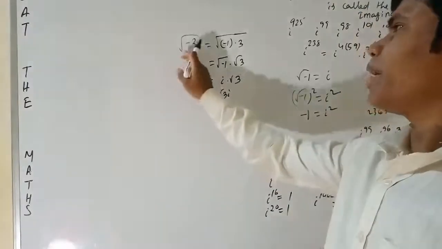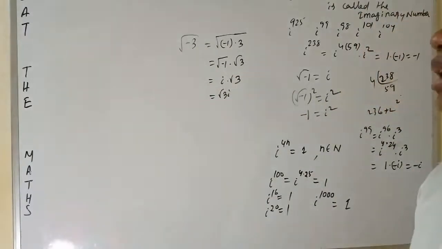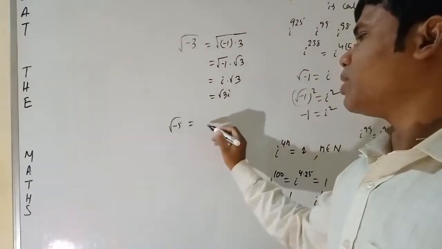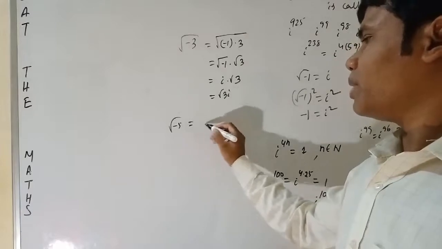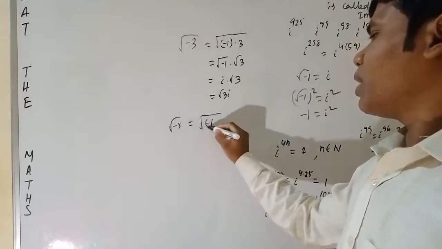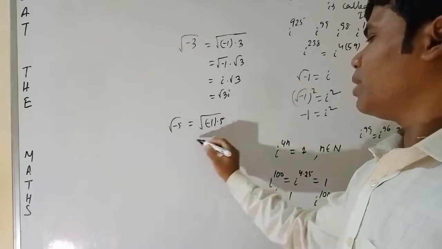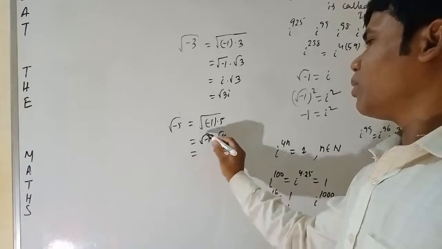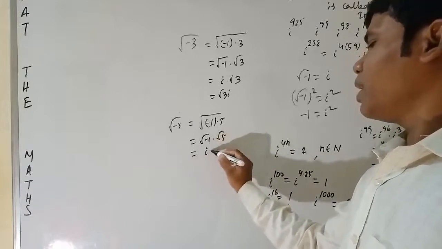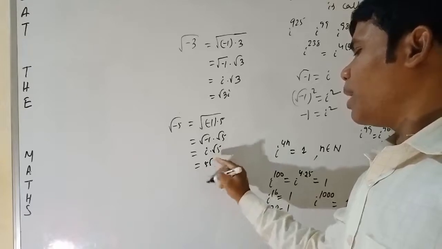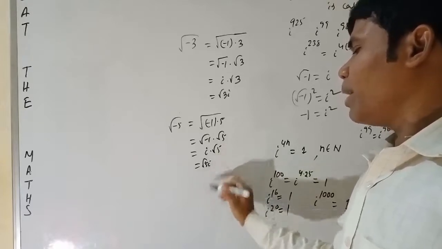That means root over minus 3 is equal to root 3 i. Similarly, root over minus 5, how much? Root over minus 5 is equal to root over minus 1 into 5, which is root over minus 1 into root over 5, which is i into root 5, that is root 5 i.